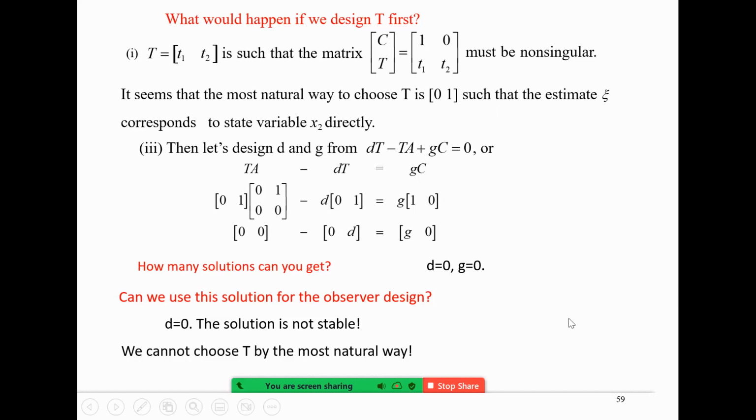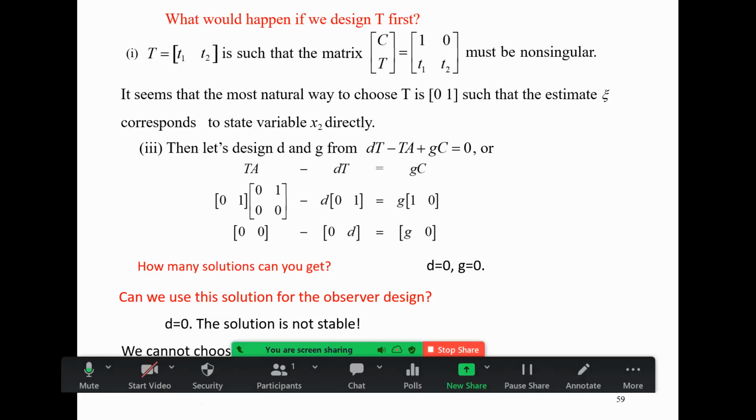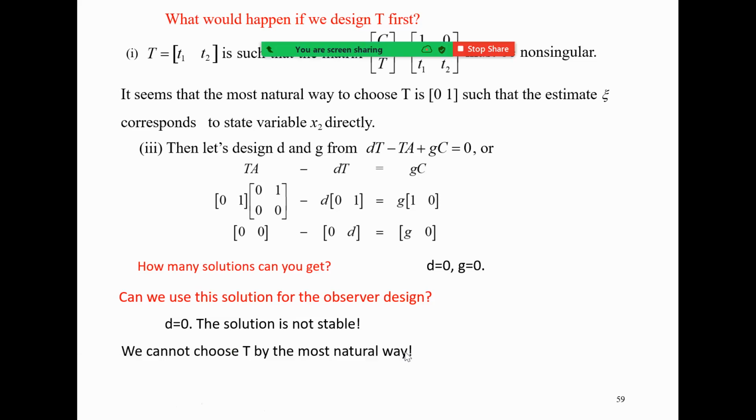Okay, now from this, we say we cannot choose T in the most natural way. We have to design T from the equation. We cannot fix T in a very simple way.